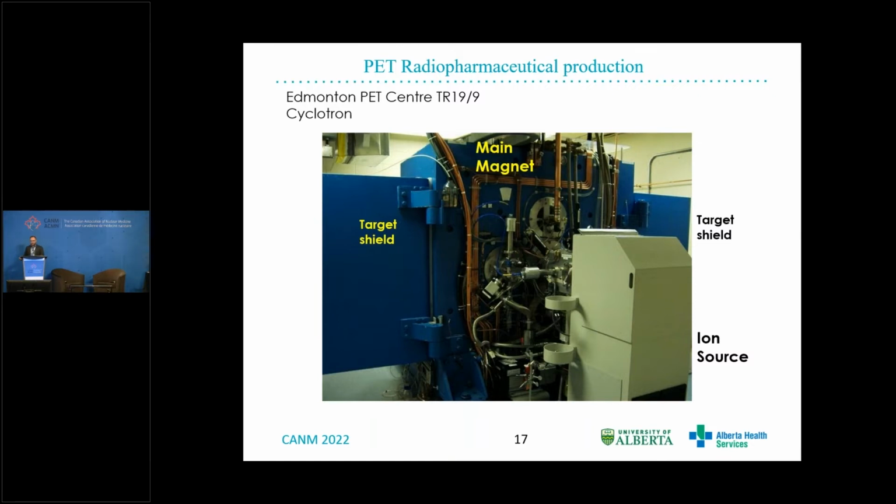In addition to that, there is a lot of water cooling. All the magnets, all the subsystems have to be cooled. Everything is under vacuum, so we have, I think, 4 different vacuum pumps to keep the vacuum at a very low pressure.